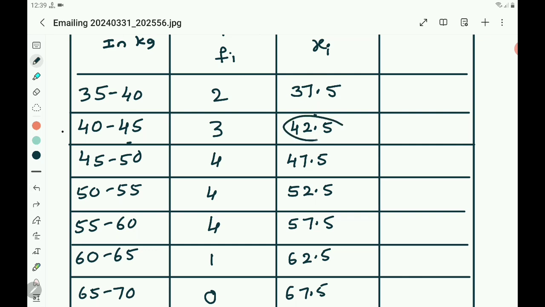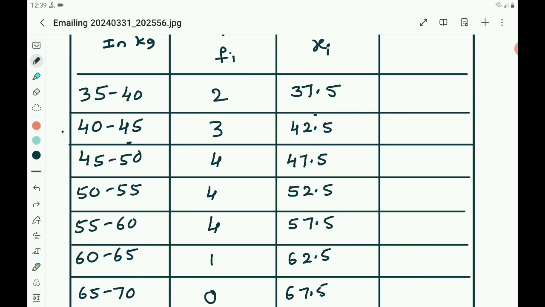So to get 47.5, you must add 5 to 42.5. Similarly, to get 42.5, you must add 5 to 37.5. So only by finding the first xi, the next xi can be obtained by adding the size of the class, the width of the class. Otherwise you can find the sum of these two limits and divide that sum by 2 to get the xi.